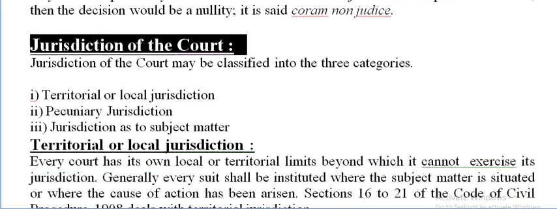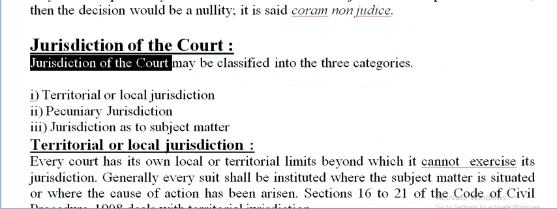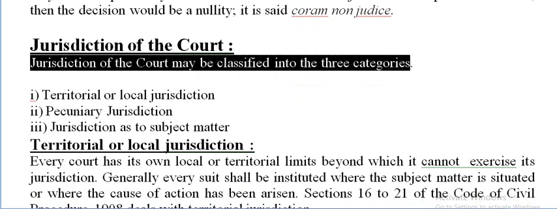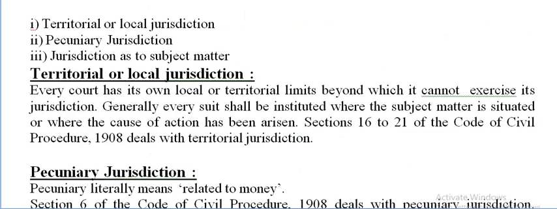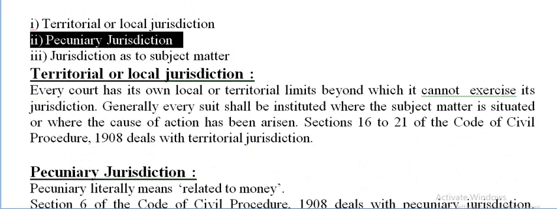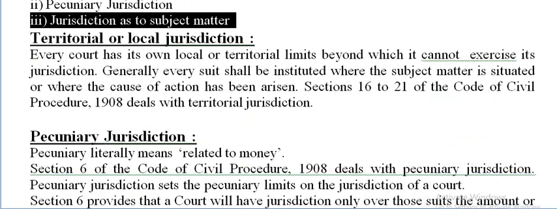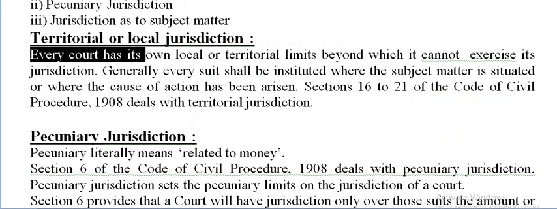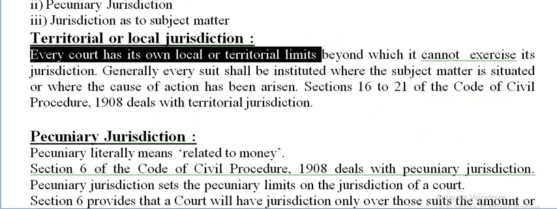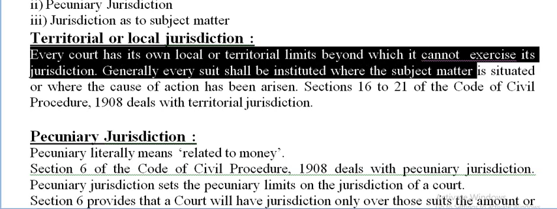Jurisdiction of the court may be classified into three categories. Firstly, territorial or local jurisdiction. Number 2, pecuniary jurisdiction. And number 3, jurisdiction as to subject matter. Territorial or local jurisdiction: every court has its own local or territorial limits, beyond which it cannot exercise its jurisdiction.